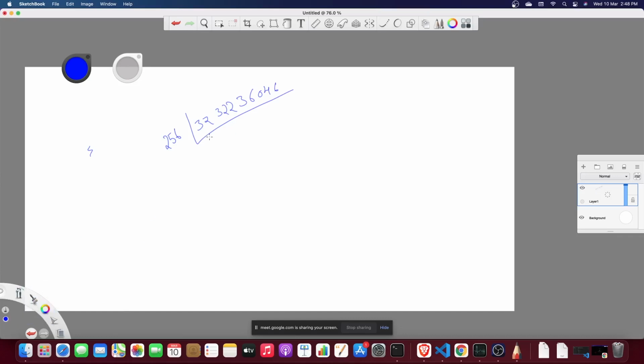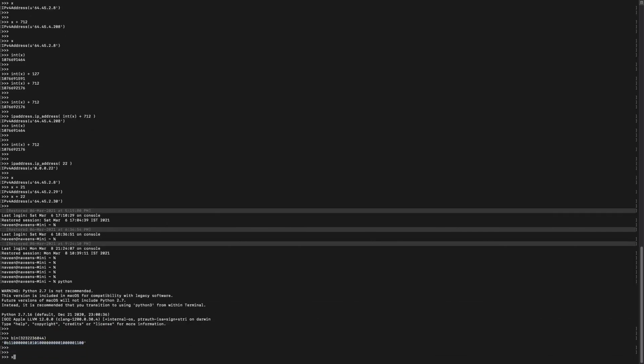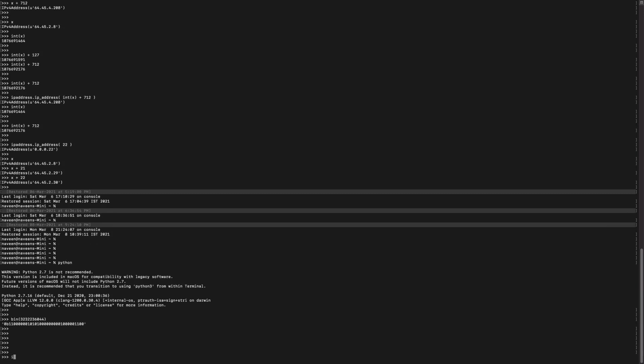Okay, now we need to divide it. This is what is quite difficult. Let's take the help of the calculator here because that is quite a big number.